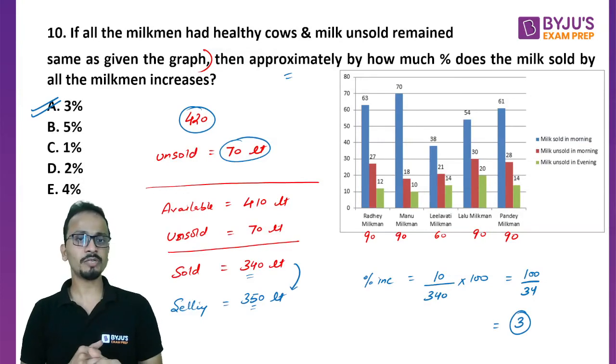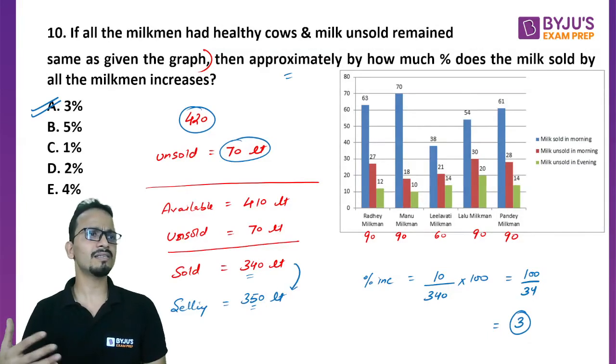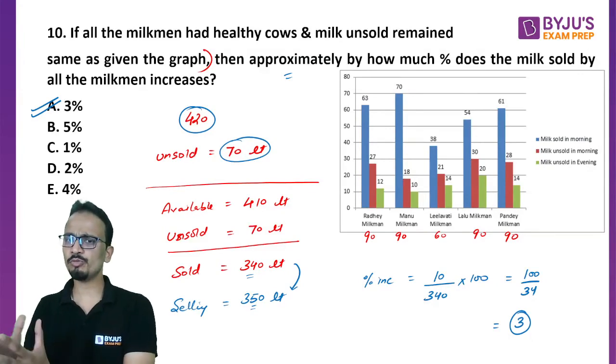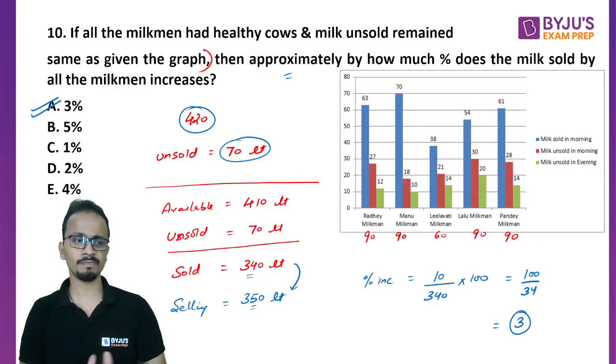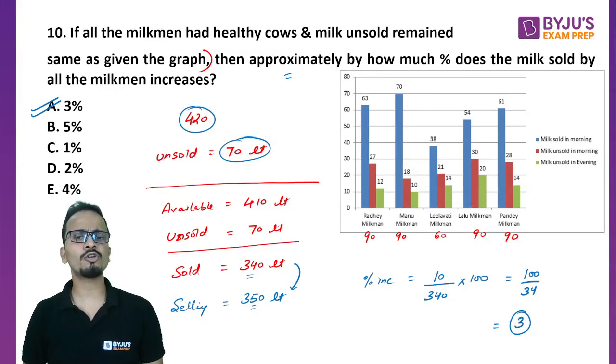So in data interpretation, if you want to do well, you need to practice at least 4 to 5 days in a week. I'm not saying to practice daily, but try to practice the questions of data interpretation at least 4 to 5 days in a week.